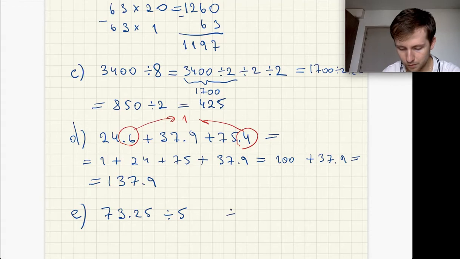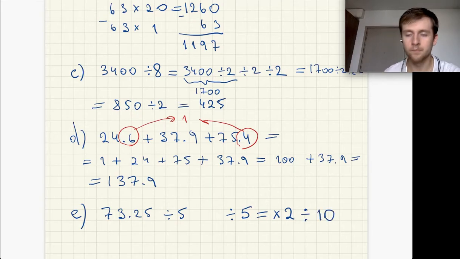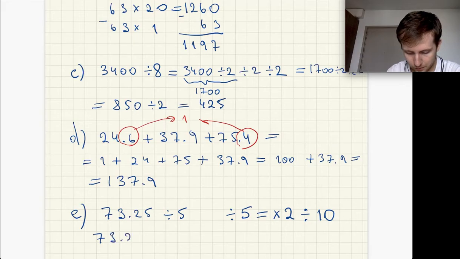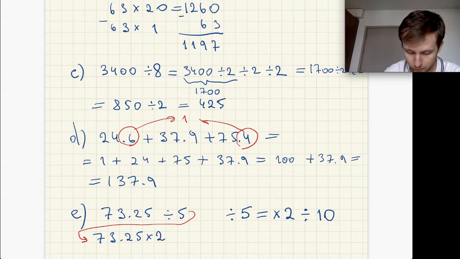So again, division by 5 is the same thing as multiplying by 2 and dividing by 10. So 73.25 divided by 5 is equal to 73.25 multiplied by 2, sorry. So first we double it and then we divide it by 10.